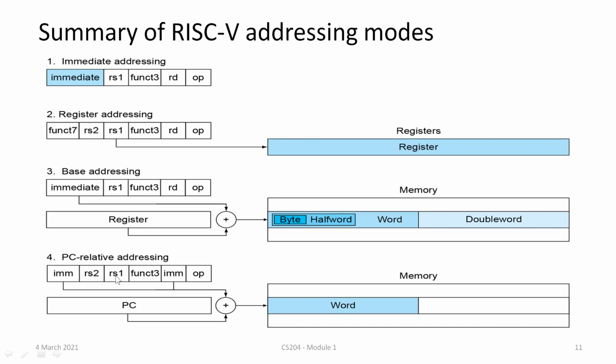The value of PC is being used. You can imagine that AUIPC can come into this category, where the value of PC and the value of the immediate field are added together, and something further will be done based on the instruction itself. So these are the 4 addressing modes in RISC-V.